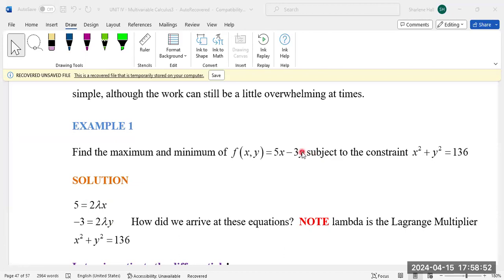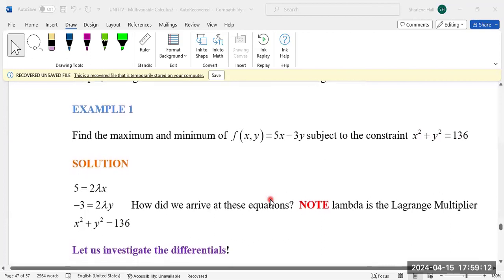And then of course, I'm going to be differentiating my y term, and it's going to be equal to the differential of this term with my multiplier inside of it. And then I'm going to include the constraint itself, x squared plus y squared is equal to 136.